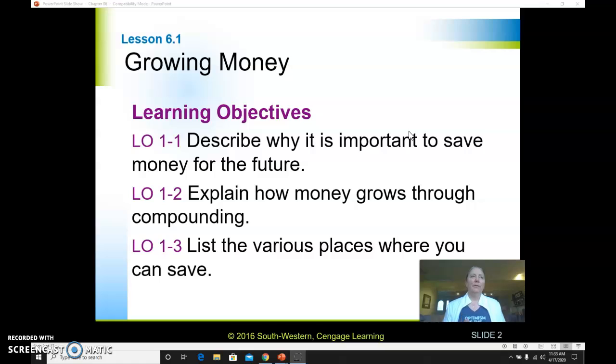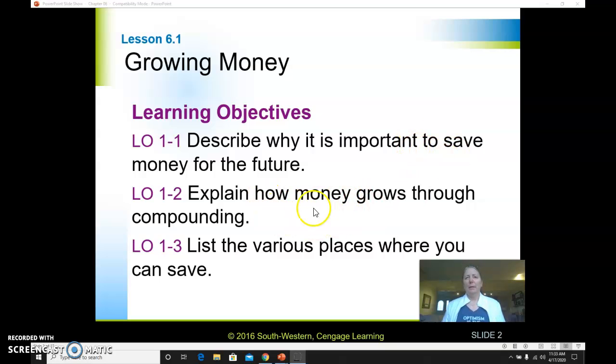So things like vacations and bills and unexpected emergencies, education, all those types of things, cars, houses, retirement. So that is why we need to save for the future.